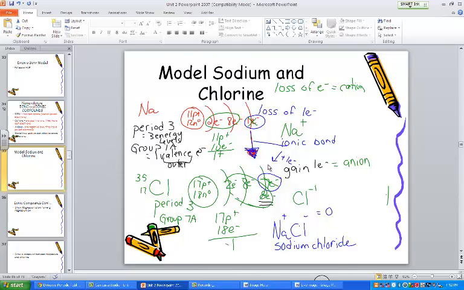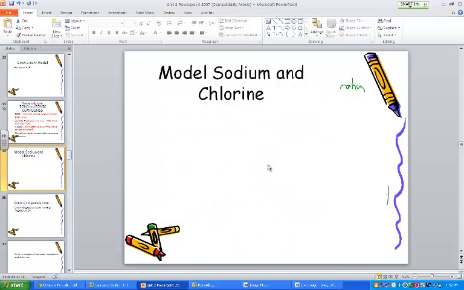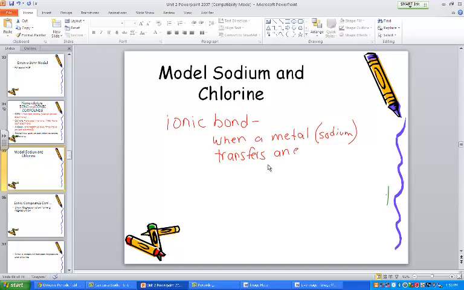Let me clean up the screen just a bit and show again. Ionic bond: when a metal, remember where the metals live, to the left, sodium was a metal in our example before, transfers an electron to a nonmetal.